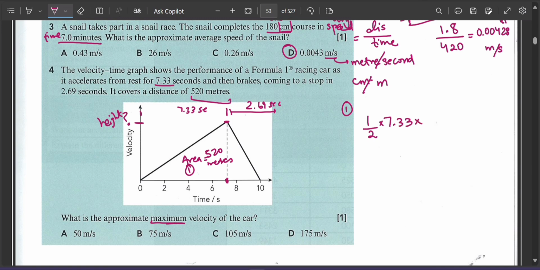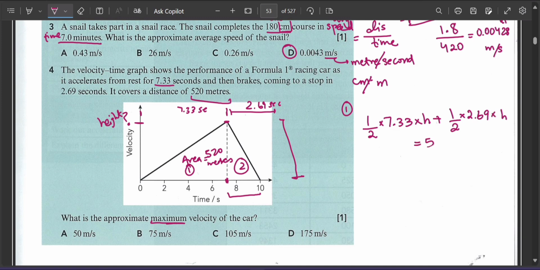We keep h as it is for the time being, and the rest of it plus half, because this triangle is also part of the entire distance that this car has covered. So the base will be 2.69 seconds, multiplied with the height, and the height is the velocity, so h as well, and that is equal to 520.